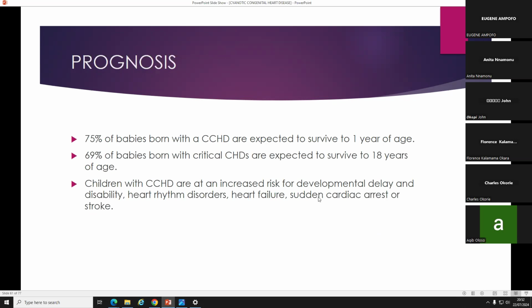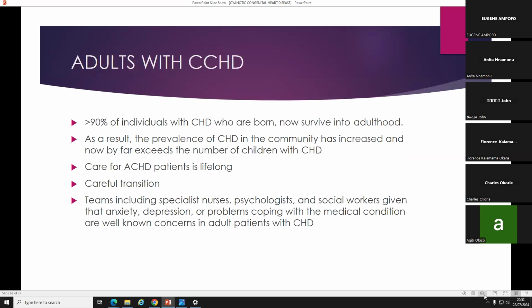All right, yeah, prognosis. Yes, so children with cyanotic congenital heart disease are at an increased risk for developmental delay and disability, arrhythmias, heart failure, sudden cardiac arrest, or stroke. Adults with cyanotic congenital heart disease, this is significant because a higher percentage of individuals now survive into adulthood.